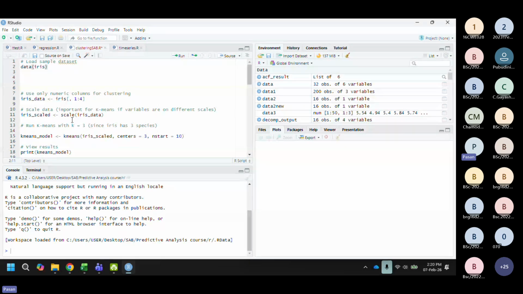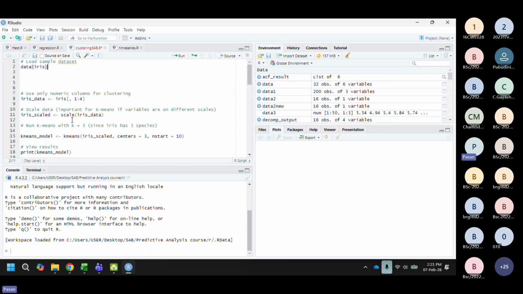The reason people sometimes like to do the scaling is that the data might be in different scales. Some variables might be measured in kilograms and some in grams, some in meters and some in millimeters.